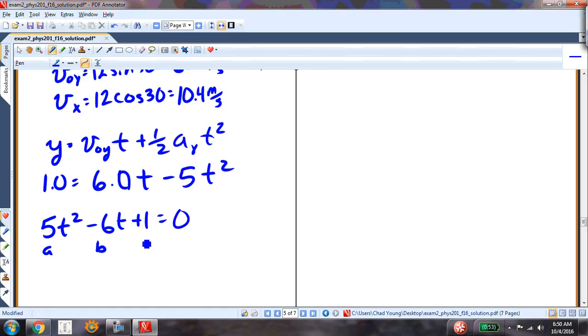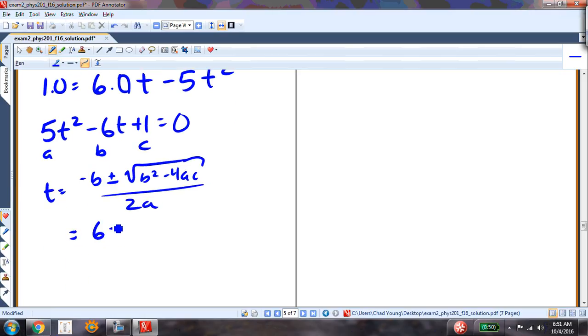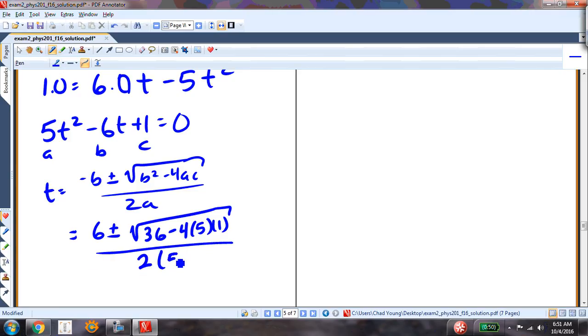This is my a, this is my b, this is my c. t is equal to negative b plus or minus the square root of b squared minus 4ac all over 2a. That's going to be 6 plus or minus the square root of 36 minus 4 times 5 times 1, all over 2 times a, which is 2 times 5.